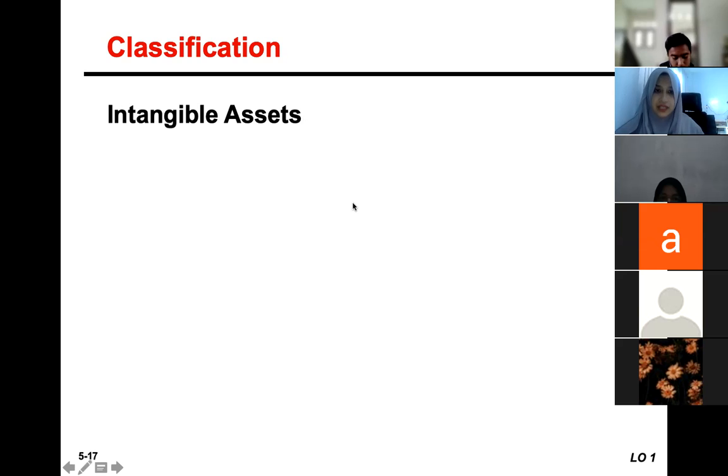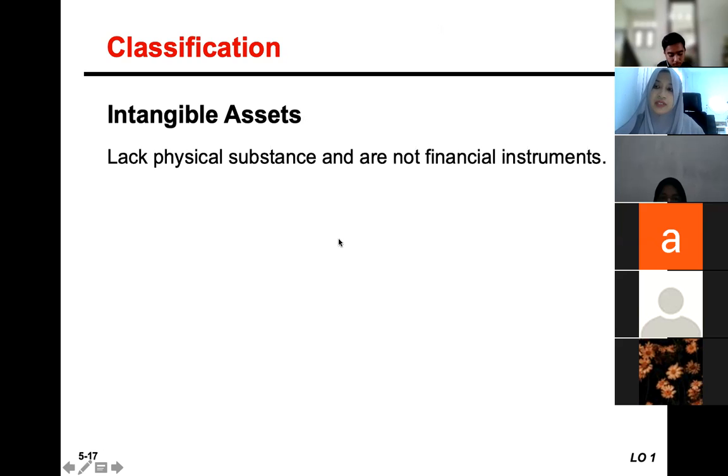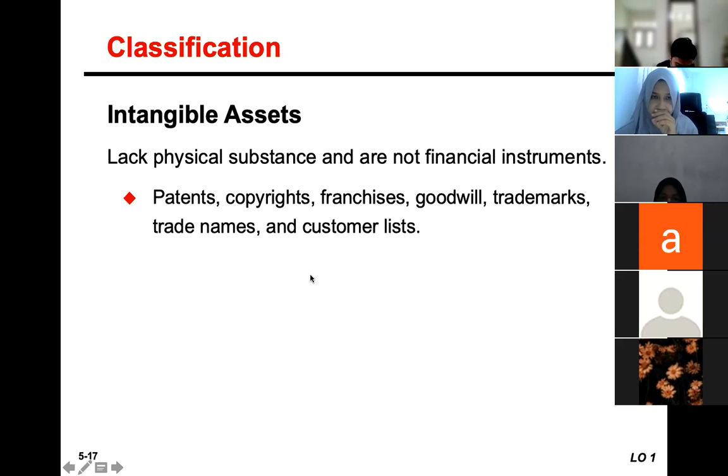Intangible assets are the opposite of tangible assets. They don't have any physical substance, but they are not financial instruments. Even though investment in securities doesn't have physical substance, we don't include that as an intangible asset.